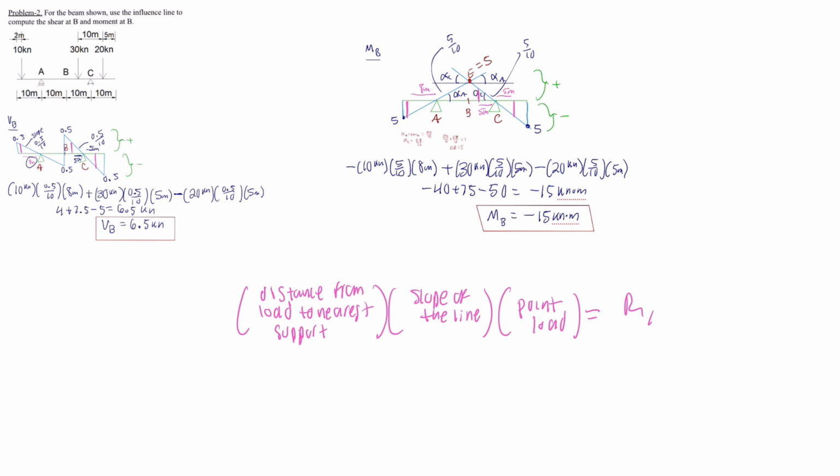And you get the reaction, the shear, or the moment. That is the basic formula that you're going to use to calculate these type of problems that include point loads.